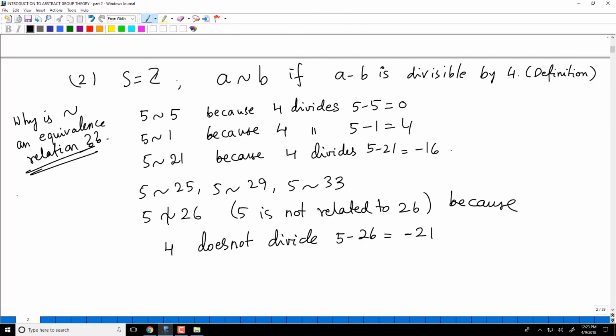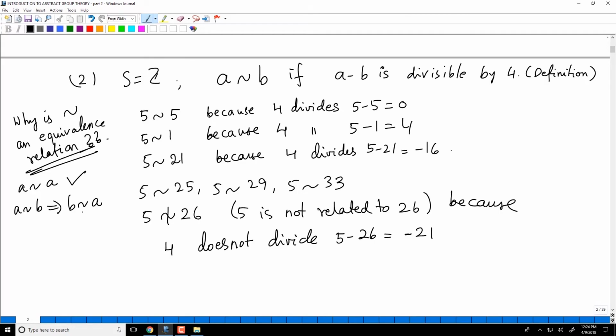Certainly A is related to A, because A minus A is 0 and 4 divides it. If A is related to B, then B is related to A, because if 4 divides A minus B, then 4 divides B minus A also.